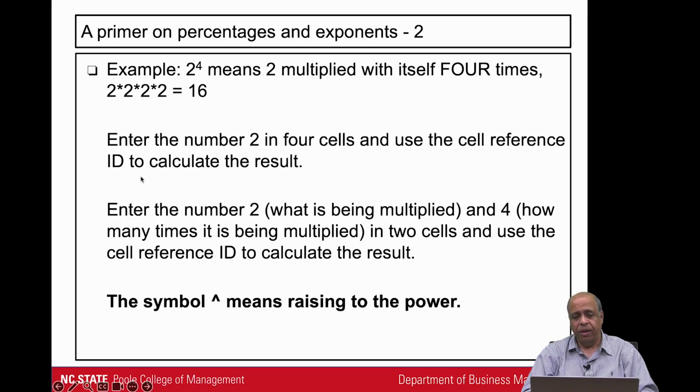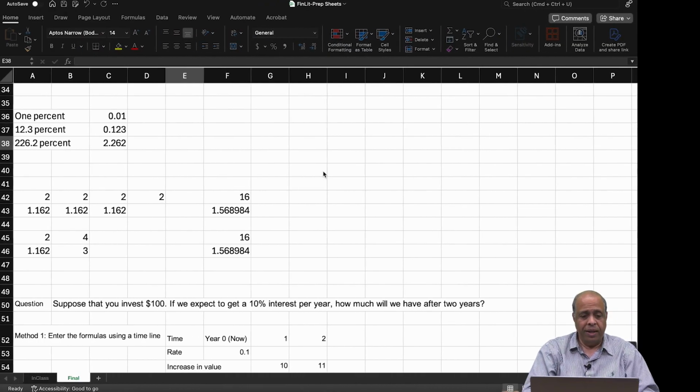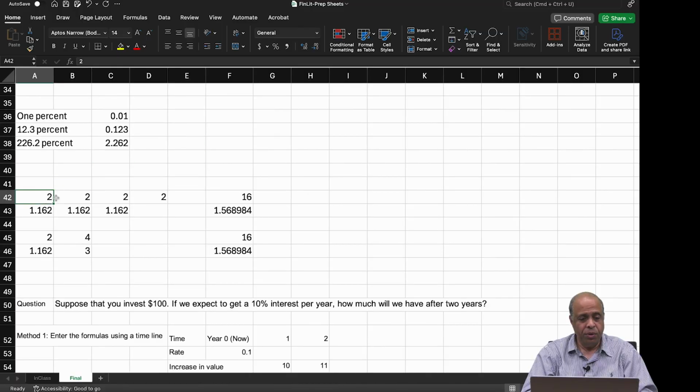Okay, so when I'm calculating 2 raised to the power 4, what can I do? I need to multiply 2 4 times, right? So I can enter the number 2 in 4 cells, and then I can use the cell reference IDs to calculate the result. I can enter 2 4 times because I'm doing 2 raised to the power 4, and then I can multiply them all out.